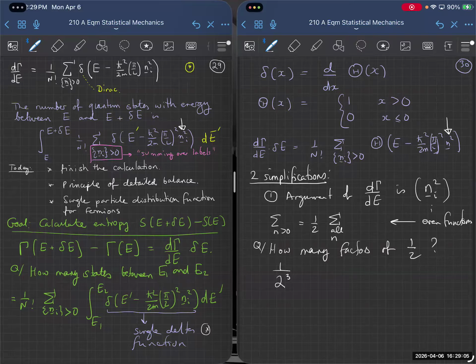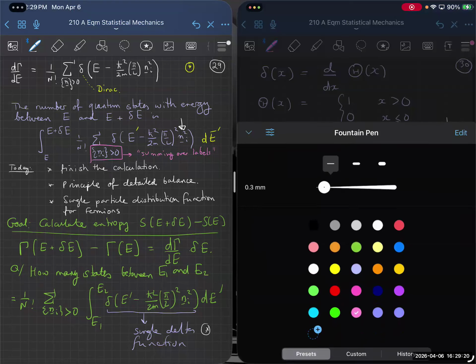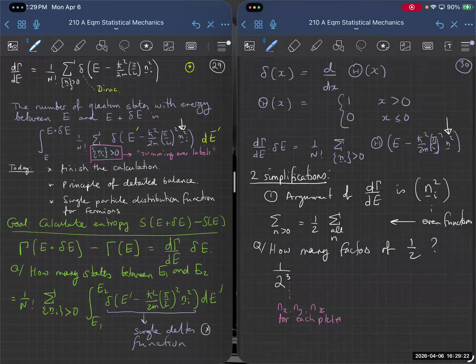That's the 3 for n_x, n_y, n_z for each particle. But then I'm multiplying all of these sums together, so it's also raised to the Nth power because I have N particles.